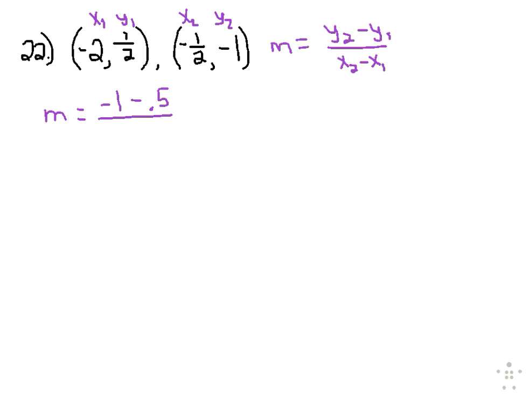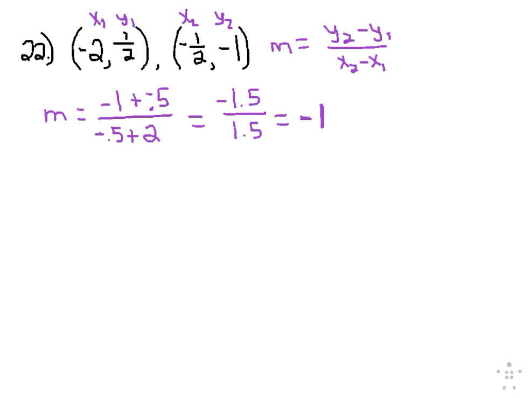Might make it easier. And then I have -1/2 minus -2, which is actually +2. So this is actually -1 plus -5, which is -1.5 over, and -5 plus 2 is 1.5. And if you take a look at that, that's going to be equal to -1. So my slope is -1.